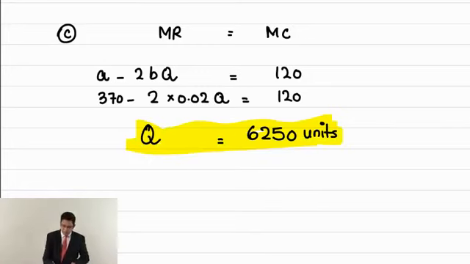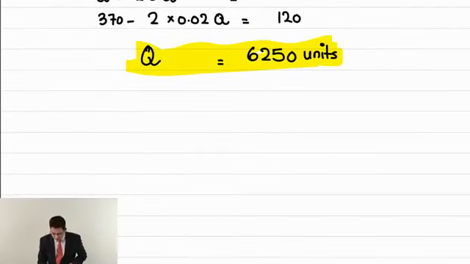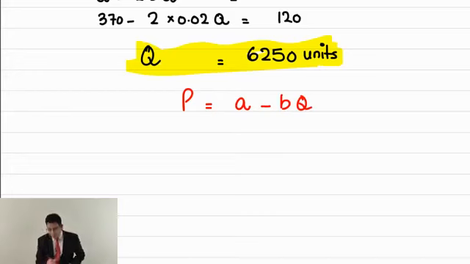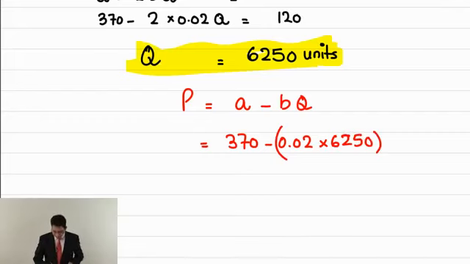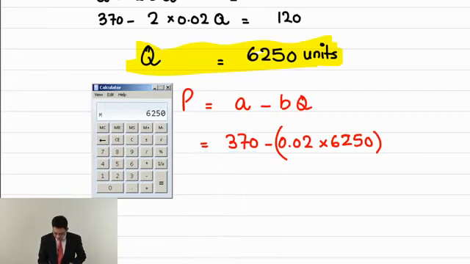Let's substitute this quantity into the demand function as a last step. Okay, so P equals 370, which is A, minus B, which is 0.02, times Q, which we have just calculated, 6,250.